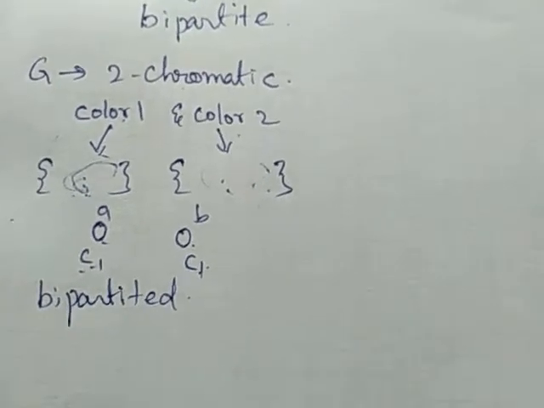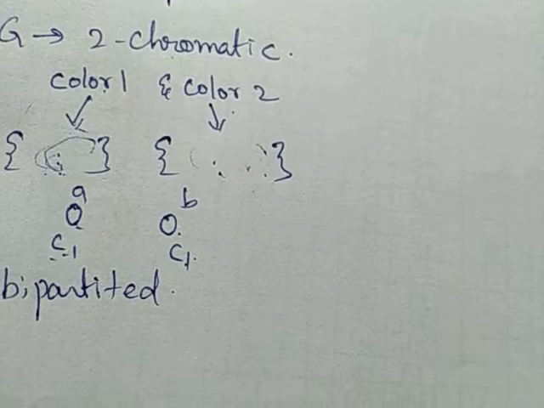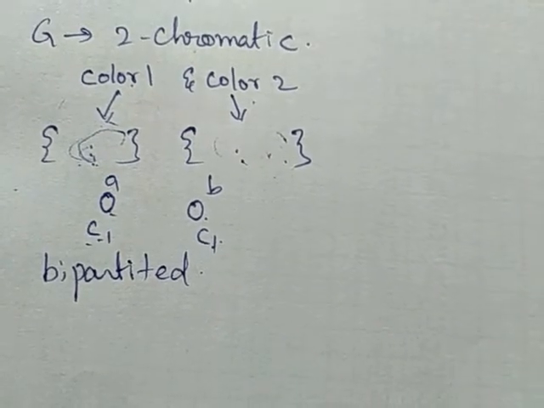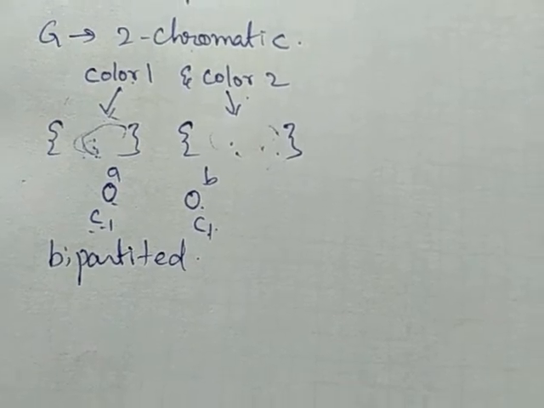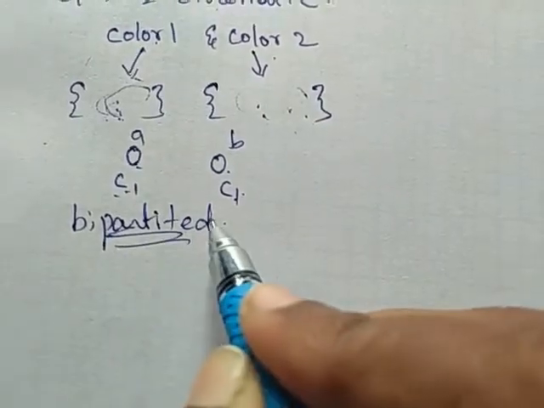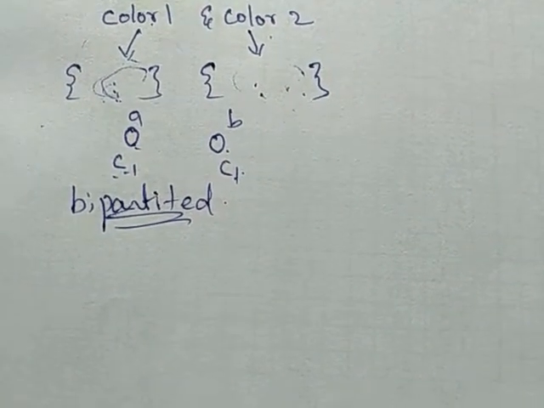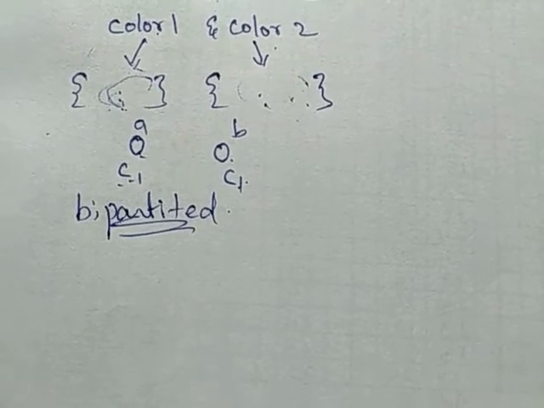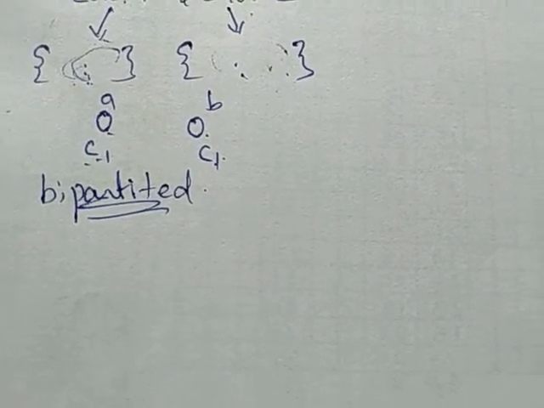Now we have to prove the converse part. If the graph is bipartite, we have to prove it is two colorable. So our data is G is bipartite. Now we show that G contains only even cycles. If G contains an even cycle, obviously it can be two colorable.